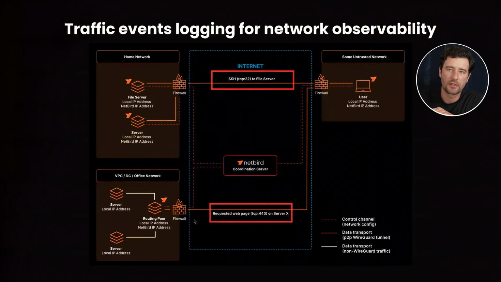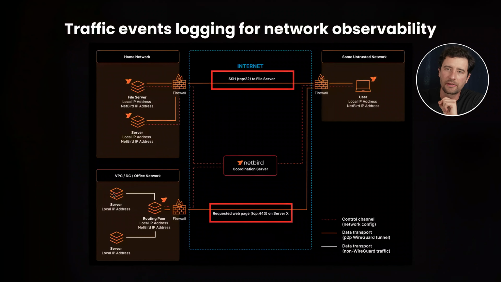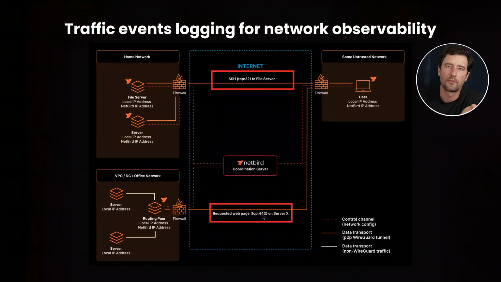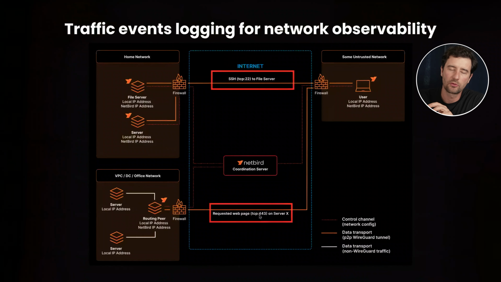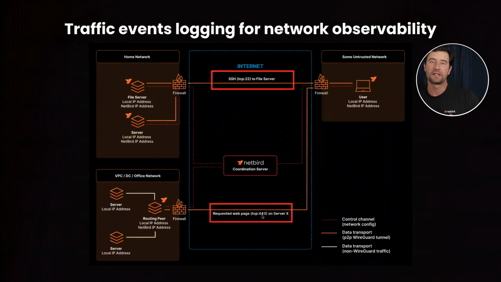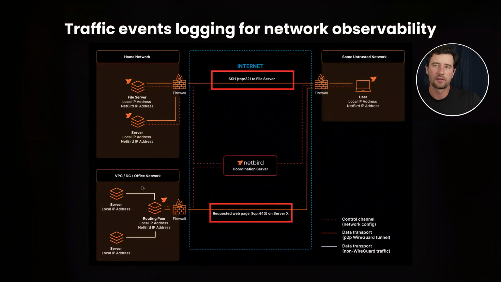Or the same user wants to access a web server in the network, so that's the routed network. There is a routing peer, and the user tries accessing this server, for instance, via HTTPS. This is also something that you can see. There is another thing that you can see here as well, which is a failed attempt to connect to a resource.